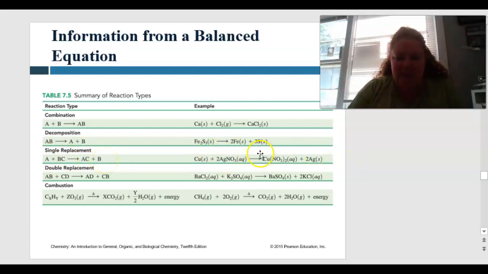And if we have a double displacement reaction, then we have AB plus CD, and A and D combine, and C and B combine, so they're replacing each other. Then we have combustion reaction, and remember the delta sign is heat. This is a fun little thing to keep on hand so that we can refer back to it.